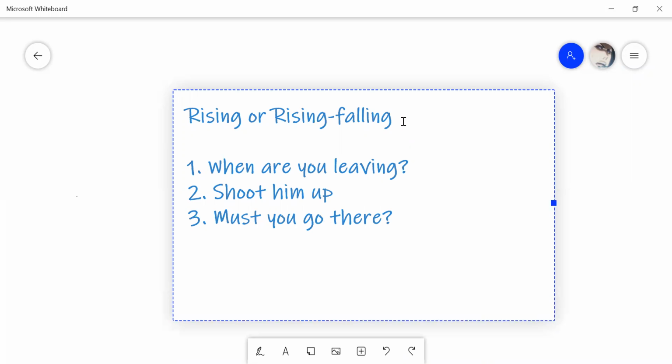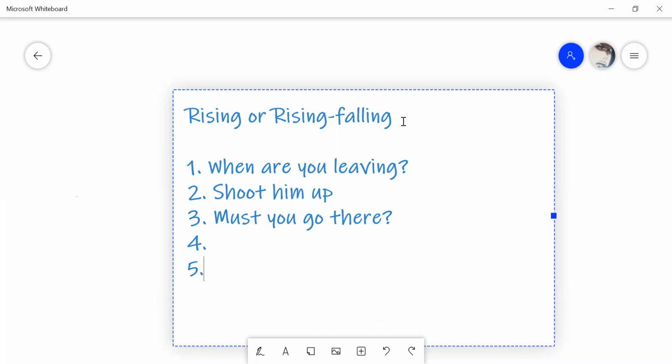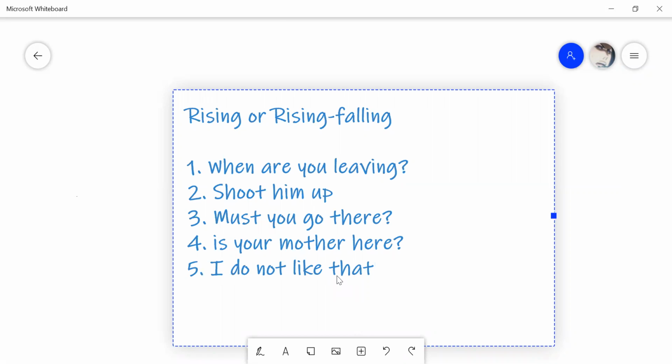It's 5 sentences that I'm going to write. Almost there. Here we are. We have 5 sentences here. You don't have to think a lot about it. You have to decide if it is rising or rising-falling.